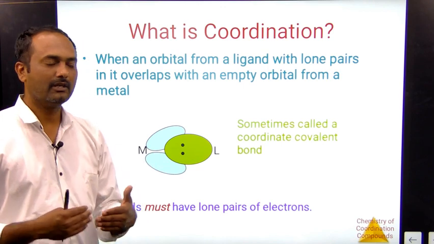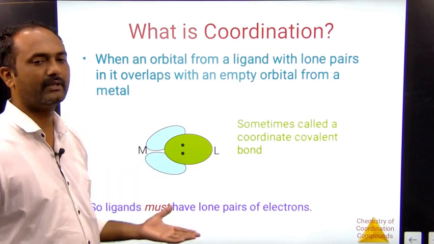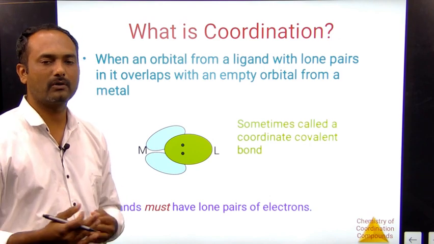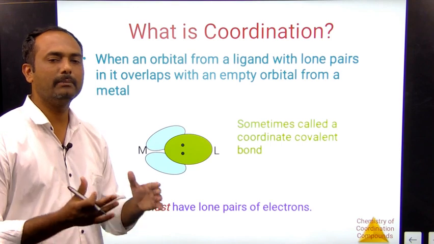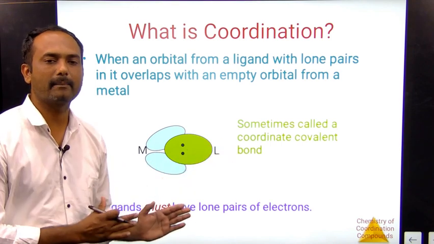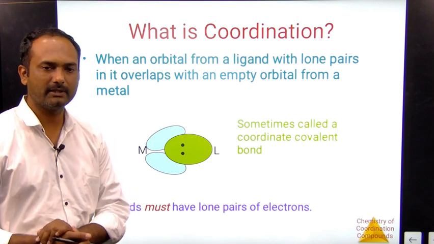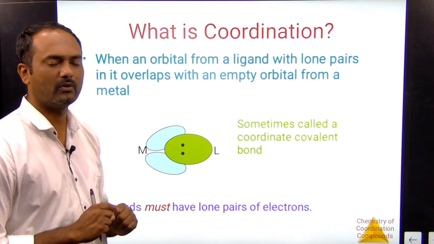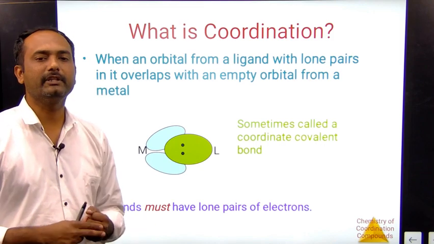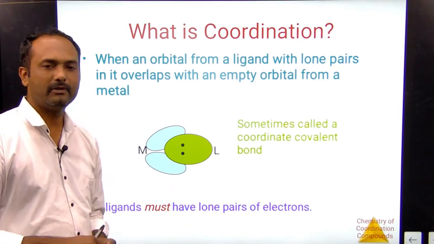But the coordinate bond is completely different from the sharing, or covalent, bond. Here the needed two electrons are completely donated by one atom. So one atom is the donor and the second one is the acceptor, and such bonding is called coordinate bonding. Okay, so this was all for today.